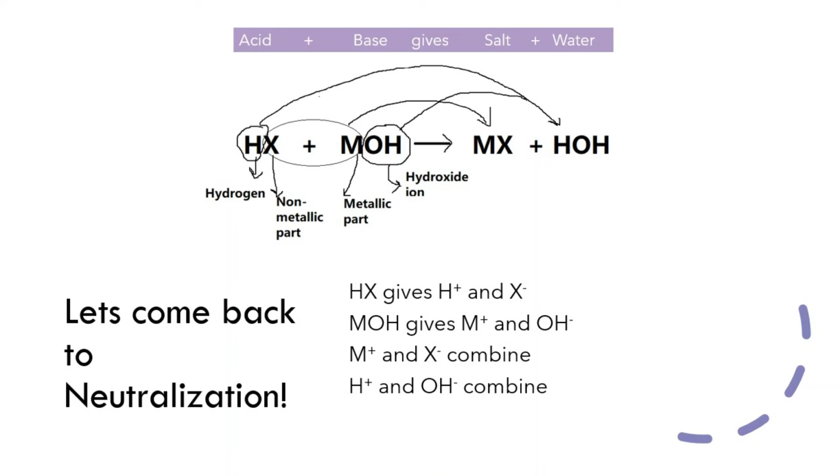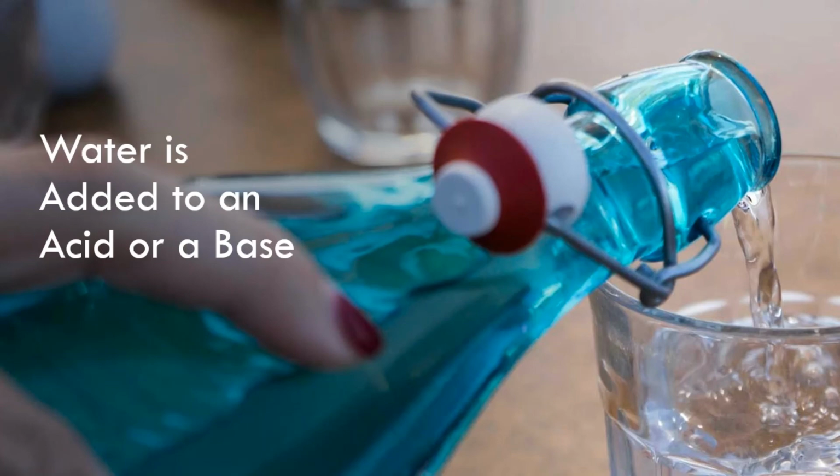They form a salt, in which the metal and the non-metallic part of the base and acid respectively combine with each other, and the hydrogen and the hydroxide ion, which are left from the acid and the base respectively, combine together to form water. This is why in neutralization, when an acid and base combine together, we get salt and water.